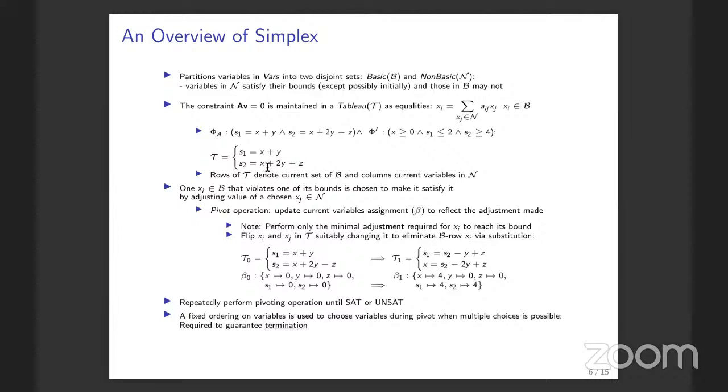Or if it has a negative coefficient, then you can decrease its value to increase the value of S2 to meet its goal. That's how you check. And if you can't find any variable to fix it, then you will declare unsat. So I will stop here, modulo taking any questions.